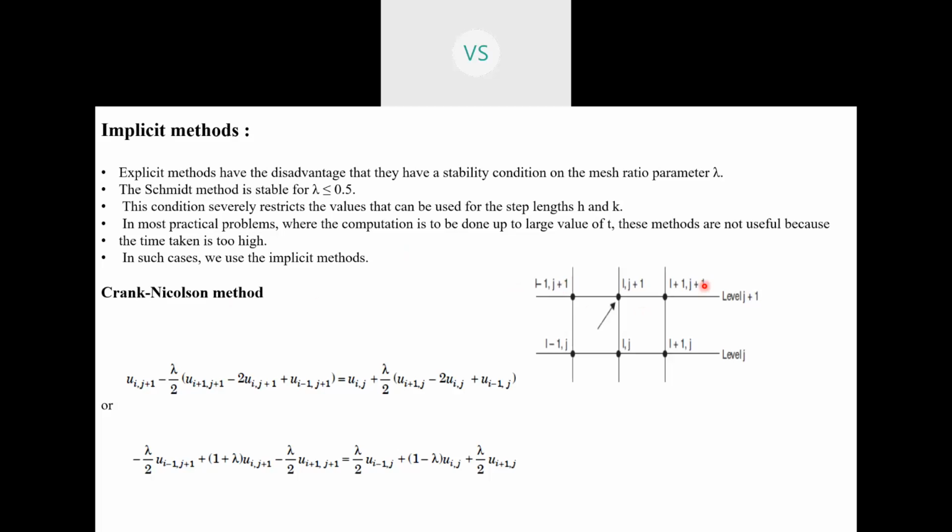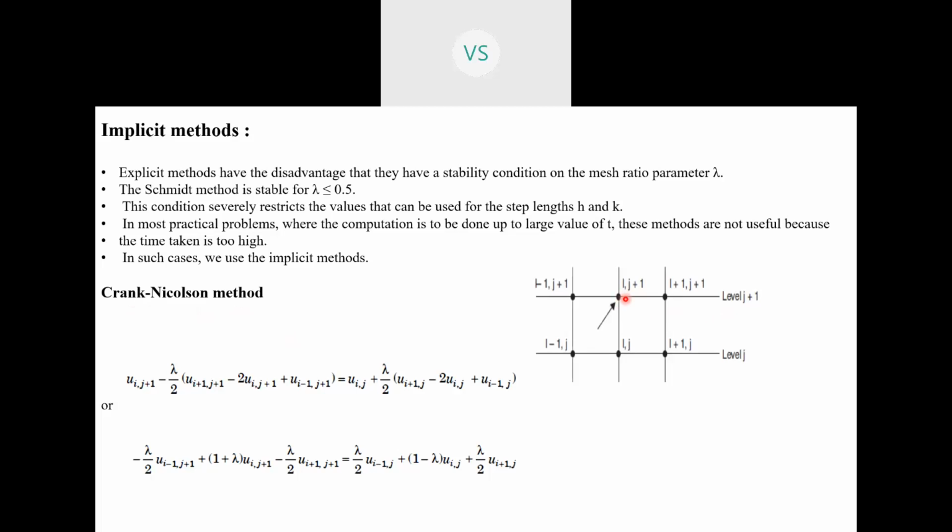Now, the method we are going to see among implicit methods is the Crank-Nicolson method. Consider that you have to obtain the solution at this nodal point.